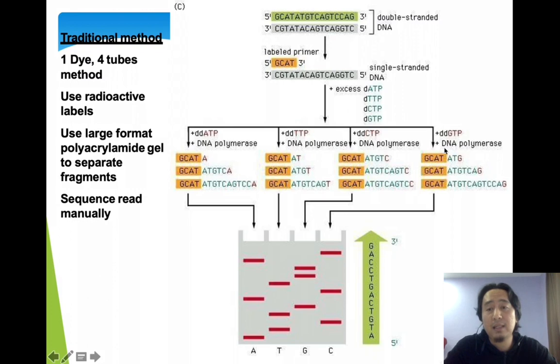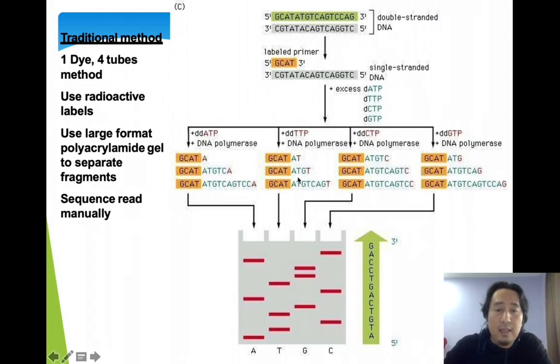It is the same as in the other test tubes. After finishing all the process, you need to run gel electrophoresis or polyacrylamide gel. Then the first lane is the first tube, the second lane the second tube, the third lane the third tube, the fourth lane the fourth tube.